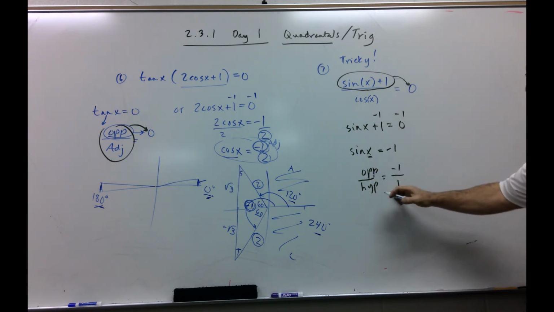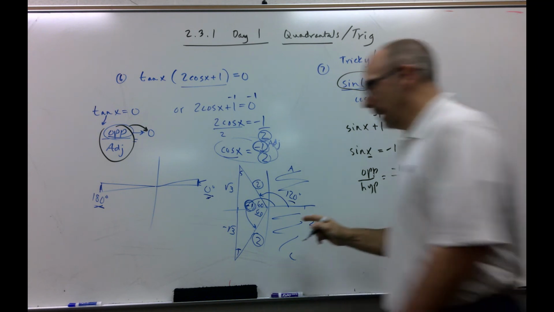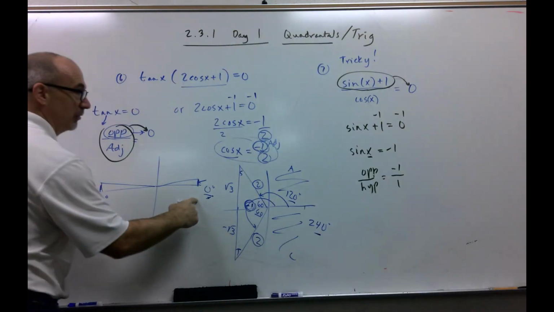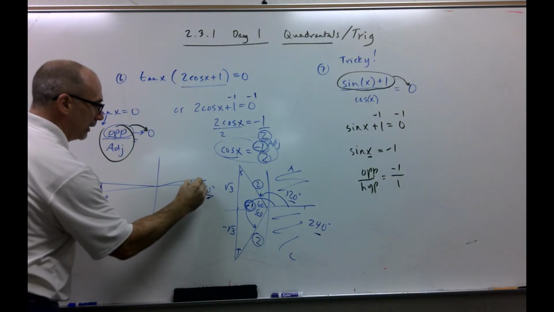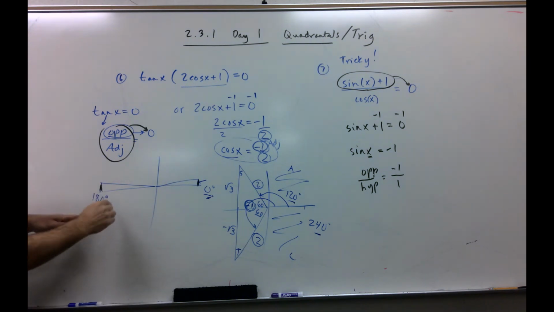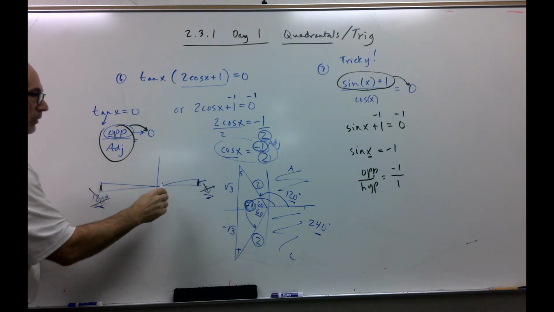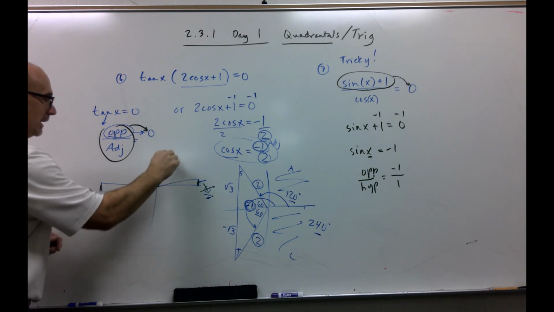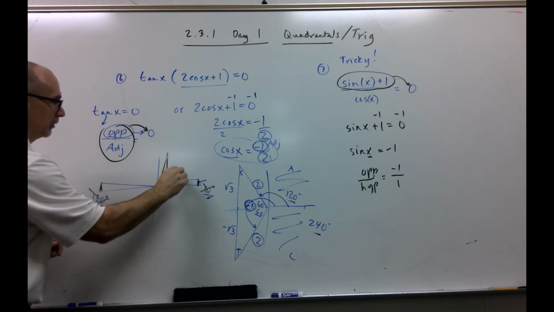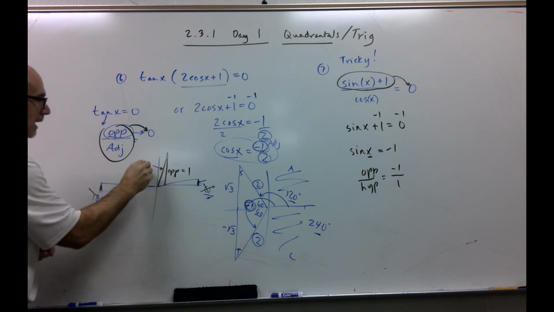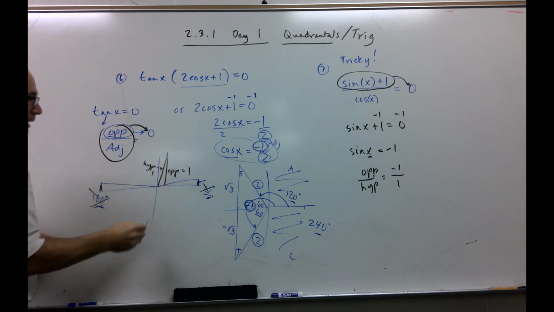Where does that happen? Well, if we go back to this drawing, see my opposite side is 0 here, and it's 0 here. So it eliminates these as my answers. So I'm like, wait a minute. Okay, so if I go to 90, this is my opposite, which is positive 1. This is my hypotenuse, which is 1. That's 1 over 1.